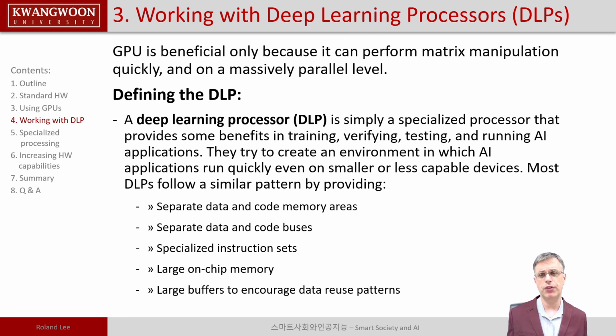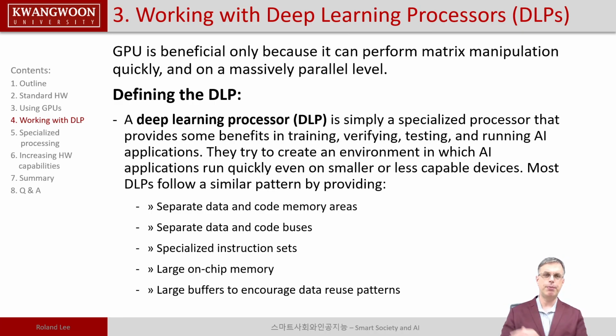And here we come to working with deep learning processors, so DLPs. One of those ways is to use new computing techniques, as described earlier in this section. Another way is to throw more processing power at the problem, such as by using a GPU.